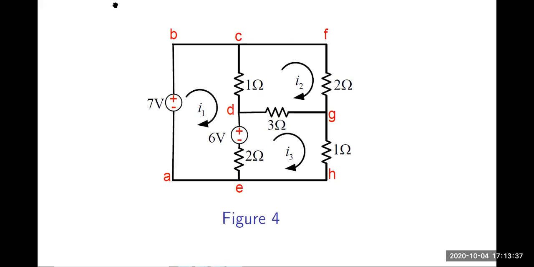If you are able to write the simultaneous equations, it is very simple here. This one is common to I1, I2. 1 I1 minus I2 plus 6 volts, 2 I1 minus I3 minus 7 volts is equal to 0. Second equation, 2 I2, 3 I2 minus I3.